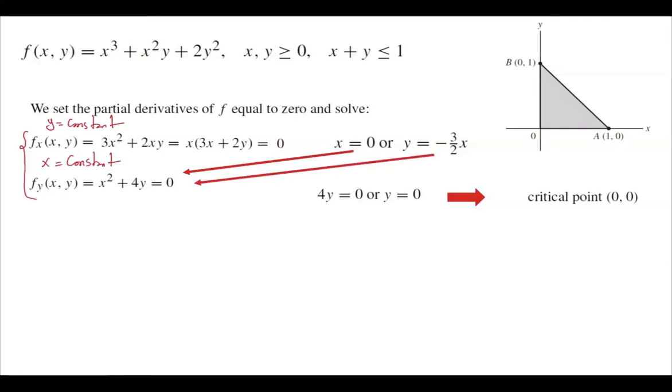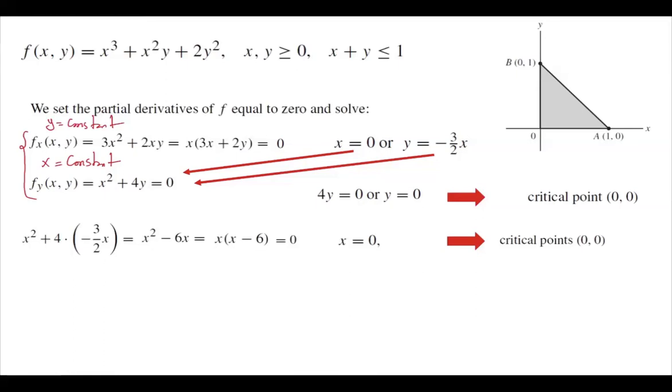Now, if you plug in y equals negative 3/2 x into the second equation, it becomes x squared plus 4 times negative 3/2 x, which is x squared minus 6x, which can be written as x times x minus 6. You set it equal to 0. This equation has solution 0, which gives us the exact same critical point, 0 and 0.